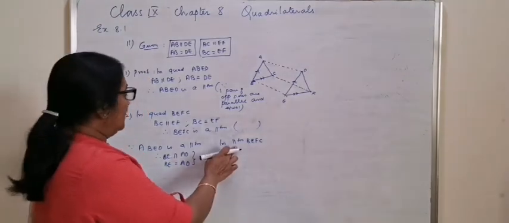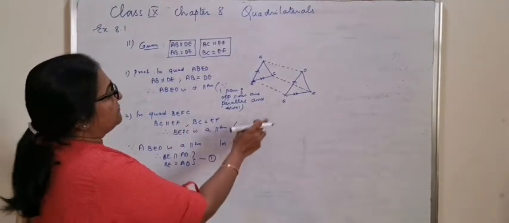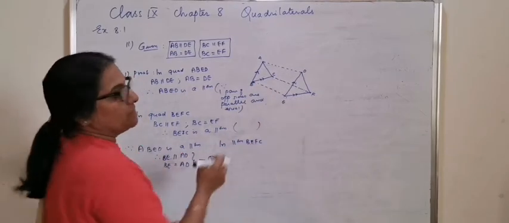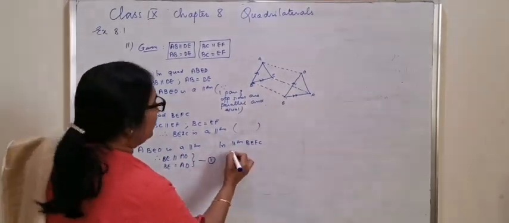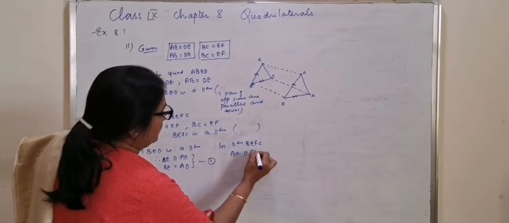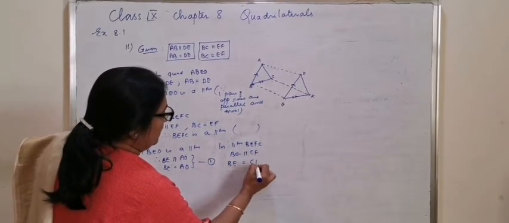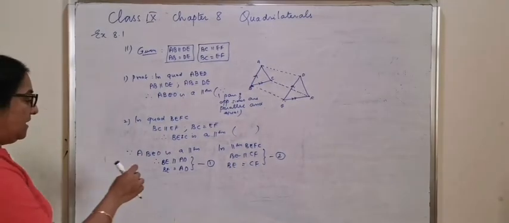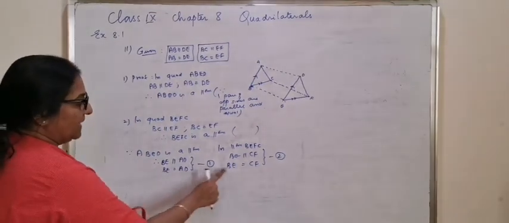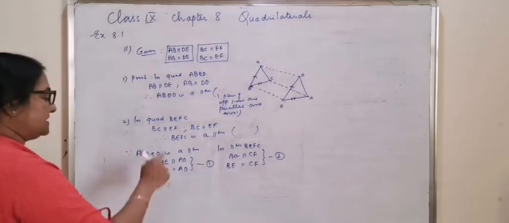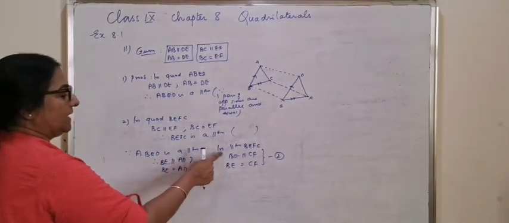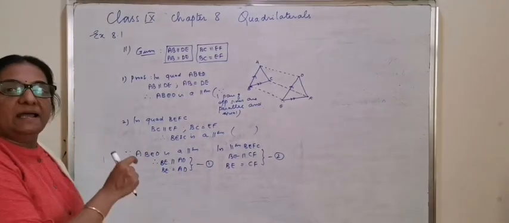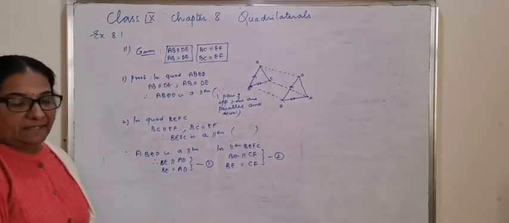Similarly, in the second parallelogram BEFC, BC parallel to EF, BC equal to EF. Therefore, the second pair, that is BE parallel to CF and BE equal to CF, mark it as equation number 2. And now, BE is equal to AD, BE is equal to CF. Similarly, BE is parallel to AD, BE is parallel to CF. That means they are both parallel and equal to the same line.